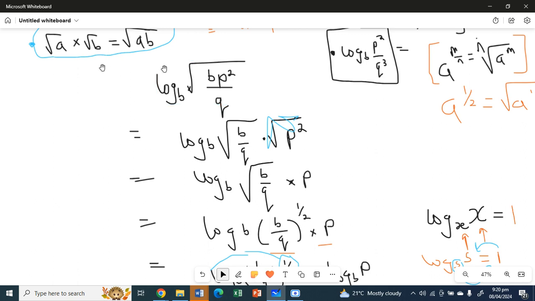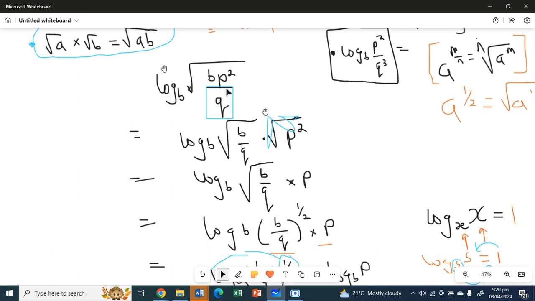So, according to the law of surds, square root of a times square root of b equals the square root of a times b. So even here, log_b of the square root of b over q multiplied by the square root of p squared, because when you multiply these two radicals, you come back to this original expression.